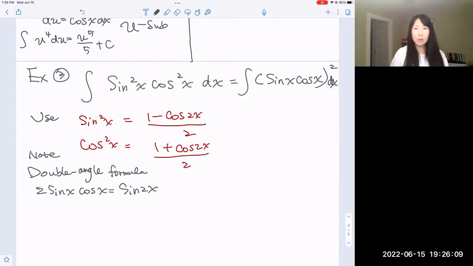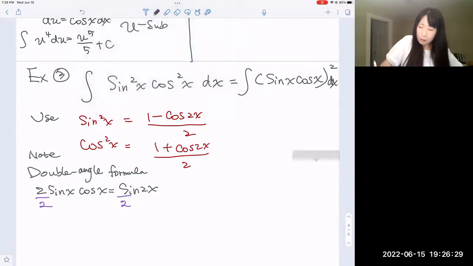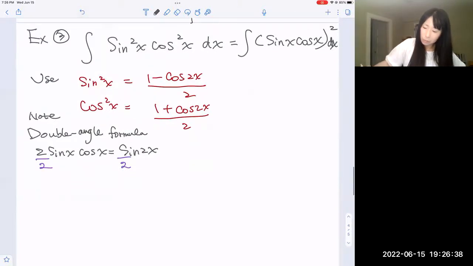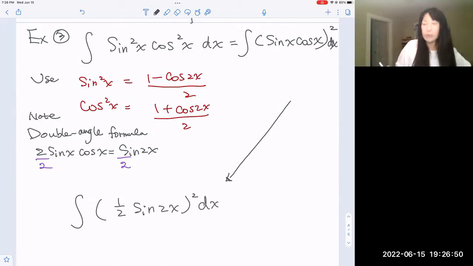Then we don't have a 2 there. Here is a 2, but we don't have a 2 here, so we divide by 2 there. So we will have 1/2 sine 2x. Let me write it down here. So 1/2 sine 2x squared dx.